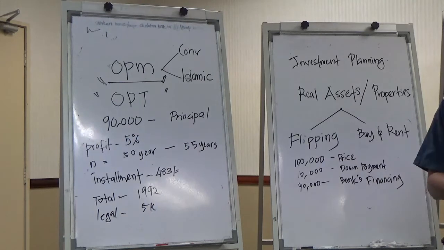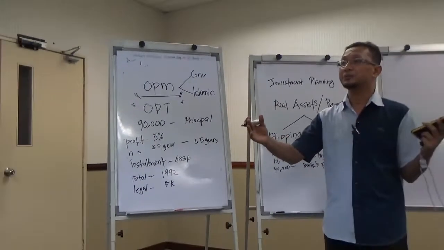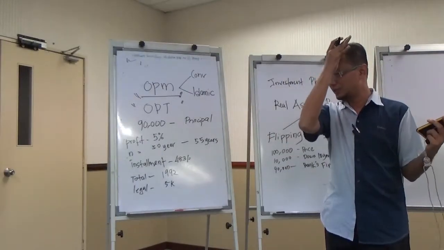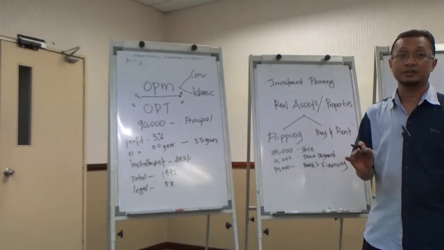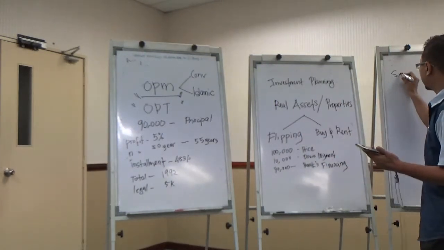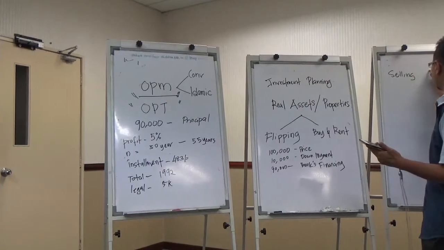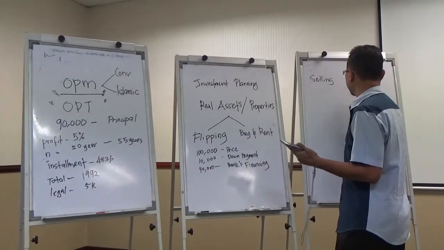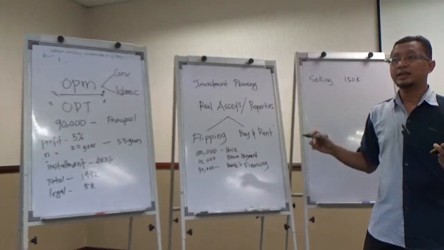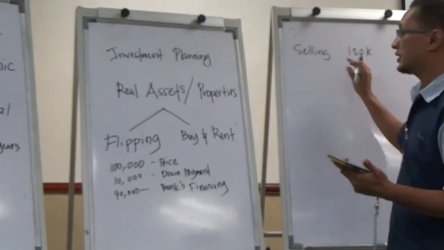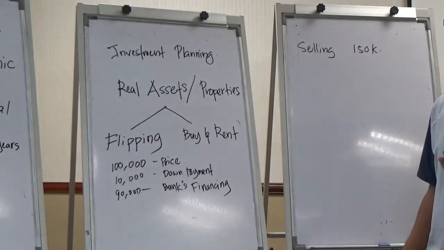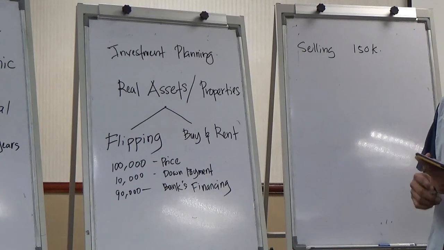And if within 2 years you want to sell the property, let's say the selling price after 2 years is 150,000, then you can actually make a profit. Firstly, how much do you make in profit here? 60,000.